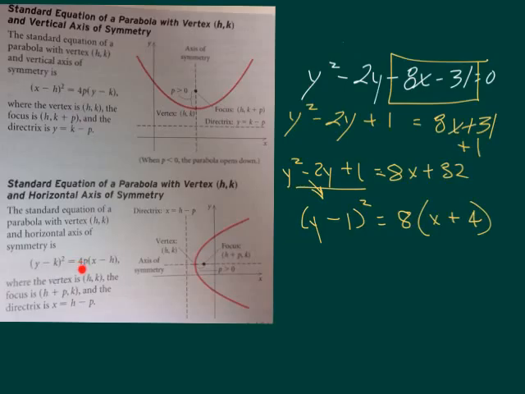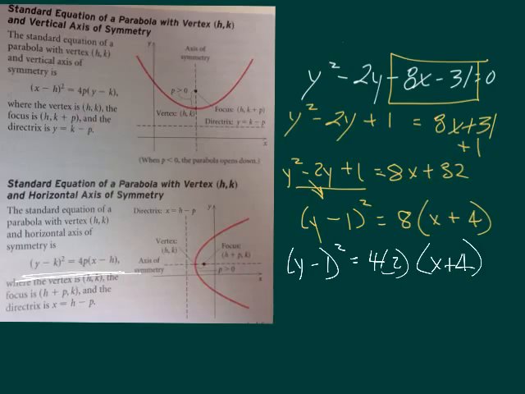So I'm going to change this 8 to a 4 times 2 so that I have my 4 and I have my p-value. Oops. Let's change that to a 4 times x plus 4.